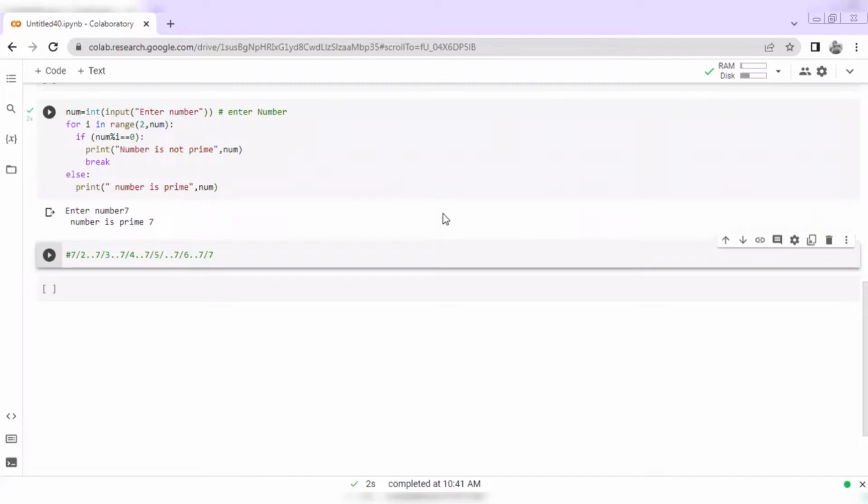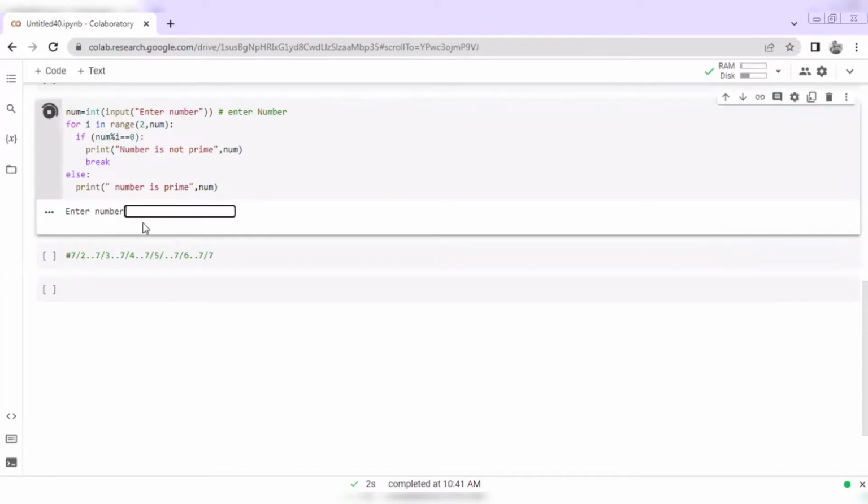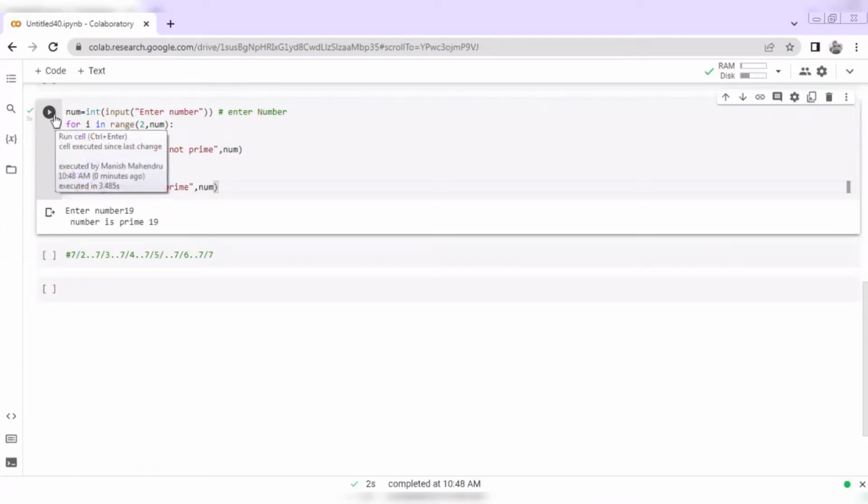Now see, I enter number 7, and it divides 7 by 2, 3, 4, 5, 6. So 7 is divisible only by 1 or itself, so 7 is a prime number. It will start from 2. Just like if you enter 19, it will say the number is prime, because it has two factors: it is divided by 1 or itself.